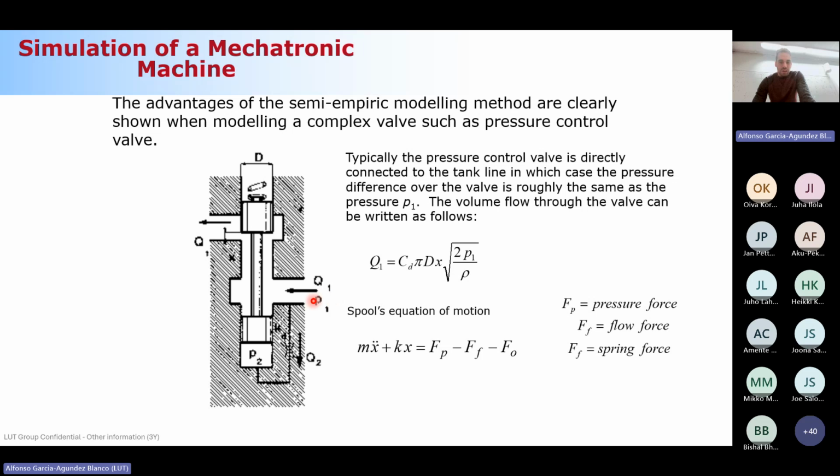So you have a Q1 that moves from this port to this one, and with this pressure relief or pressure control valve you have a pressure reference, a P2, that helps you to move this valve and adjust this X position. This X position represents the spool, okay? And what we want to control is this flow rate Q1 based on this P1.